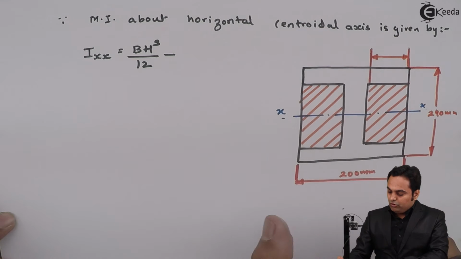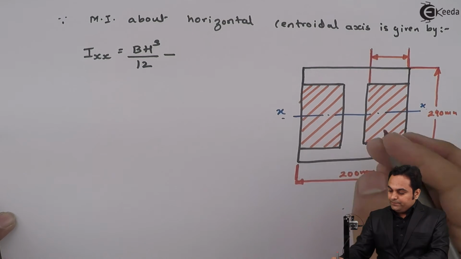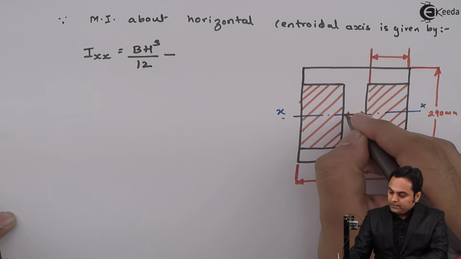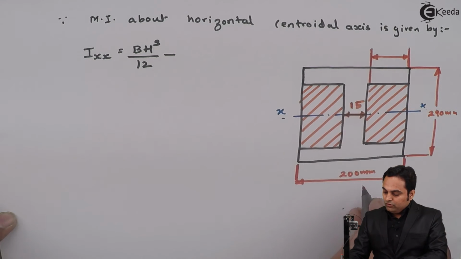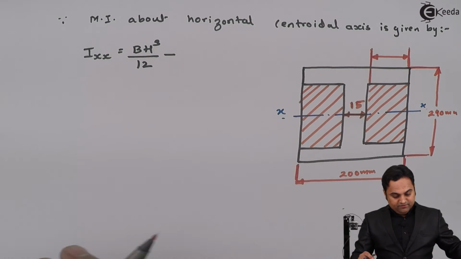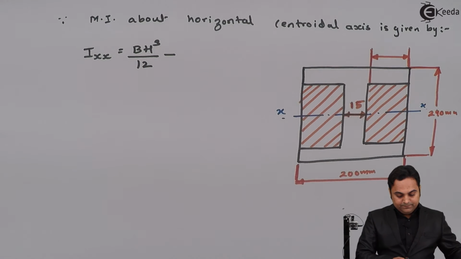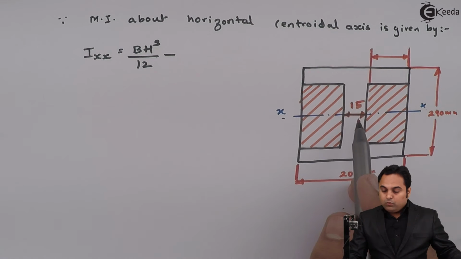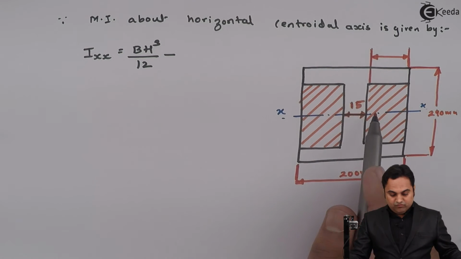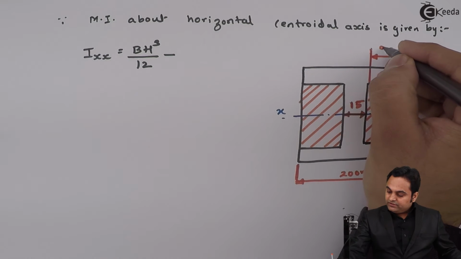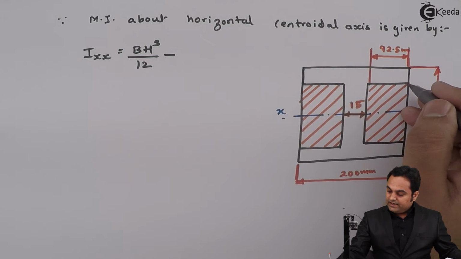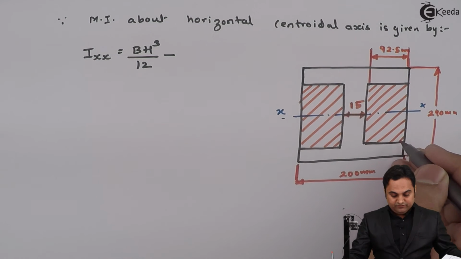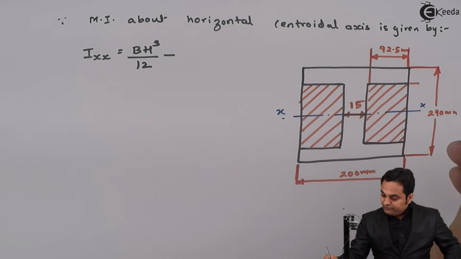It has a width of, here this is 200 and this distance is 15 given. So from 200 if we subtract 15, that comes out to be 185, and if we take half of 185, that is 92.5 mm here, and this height is equal to the height of the web, which is 250.